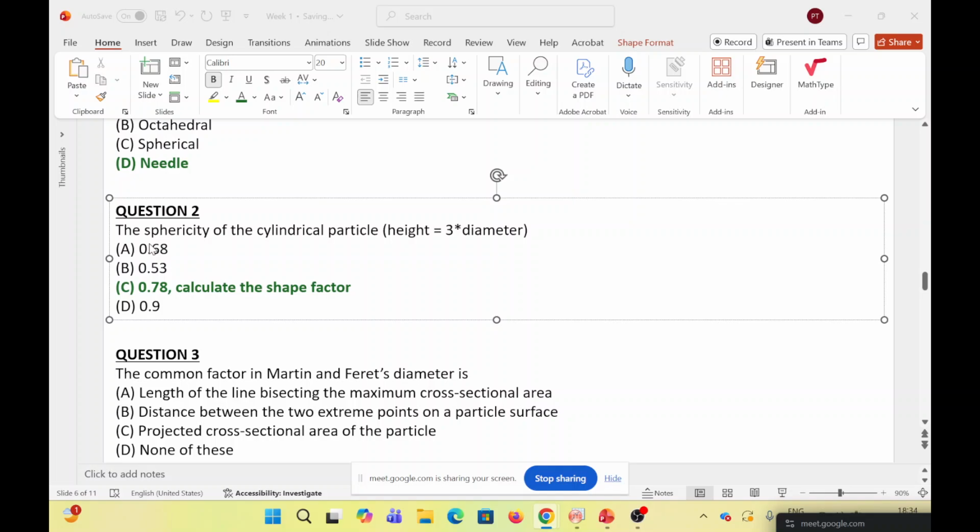Sir, I think the answer was none of these. No, I'm not talking about question 3. I'm talking about question 2. Calculate the shape factor, the value. I still didn't go to question 3.